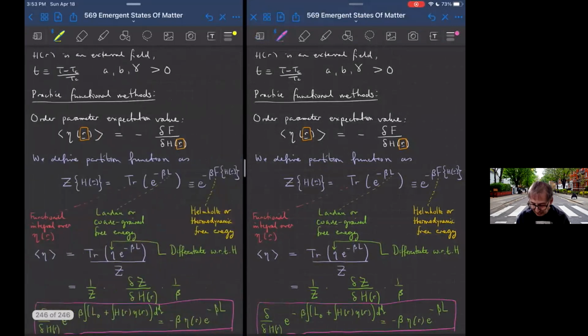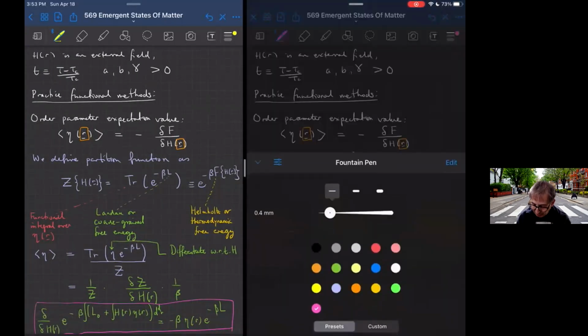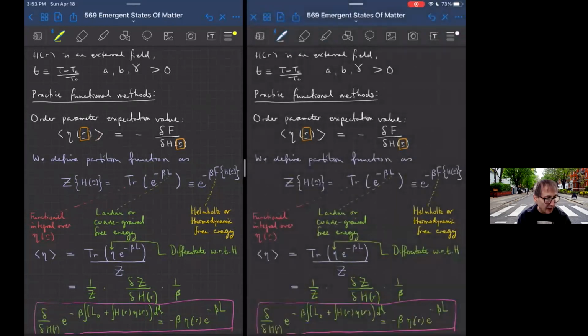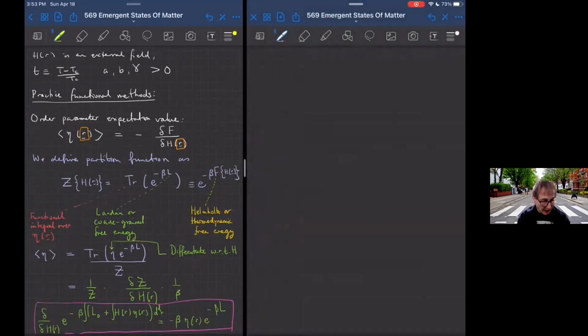If this looks unfamiliar to you, it's absolutely critical that you do that one line of algebra to make sure that you completely understand it. And so what I've just shown you then is that the expectation of eta is equal to 1 over beta, and now 1 over Z dZ by dh is d by dh of r times the logarithm of the partition function.